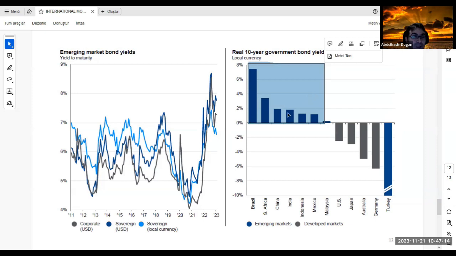But during this period, 10-year government bonds give the best return in Brazil, South Africa, China, India, and Indonesia. Those are the BRICS countries, right? Brazil, Russia, India, South Africa, and China. Those are the best return countries in their 10-year government yield because of the low inflationary outlook and the growth and production increase in their GDP.